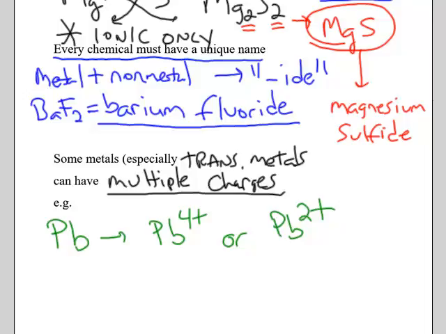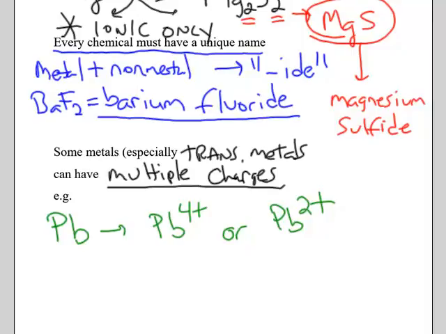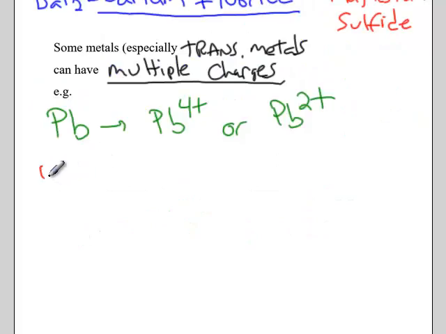which means we have two possibilities for the cation, and if we were to make an ionic compound of lead with chlorine, we would get two different answers. Chlorine is a nonmetal in group 17. Take the last digit 7, subtract the magic number 8, and you get a negative 1.